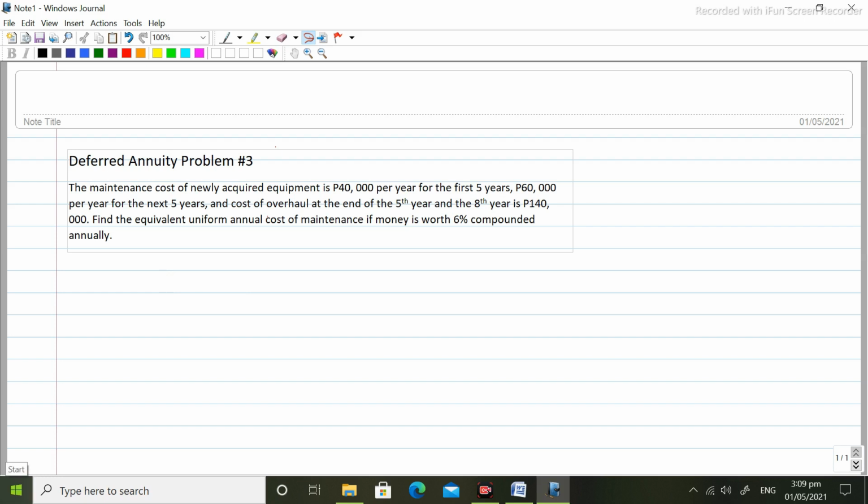So, una nating i-drawing muna yung cash flow. Okay, may cash flow tayo. So, first year, the maintenance cost acquired equipment for the first 5 years.